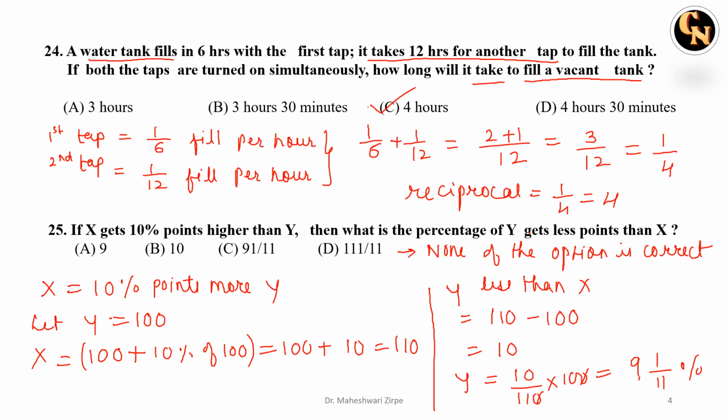Actually it is option C, but they have not written it in a proper way, that's why none of the options is correct. It should be a mixed fraction, 9 integer 1 upon 11. So this is the correct answer for your question number 25. This way we have to solve this question.